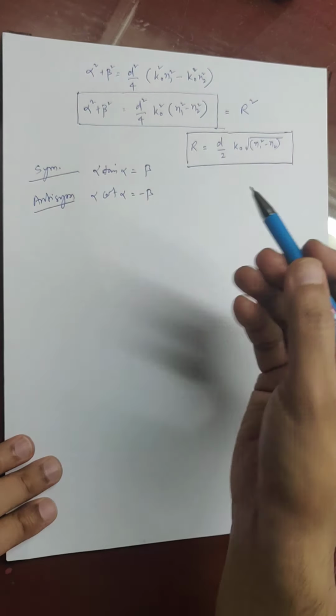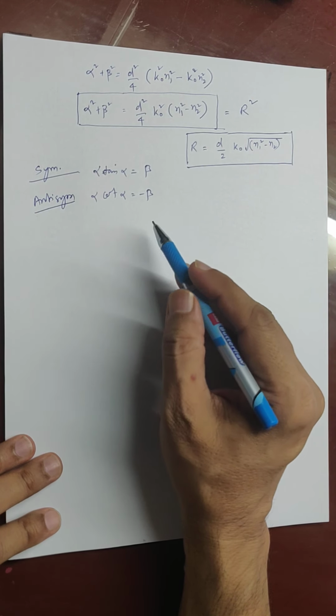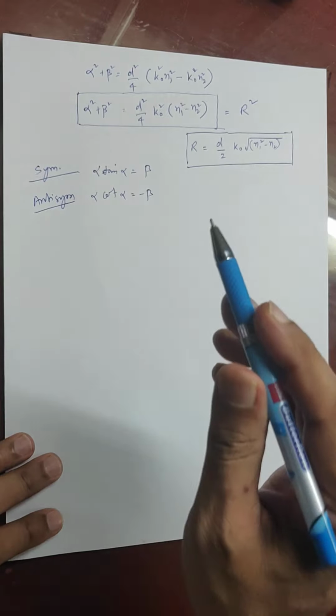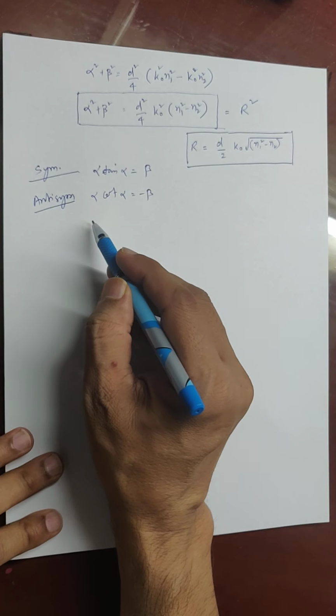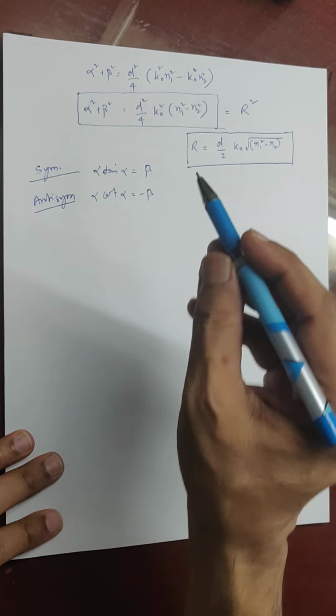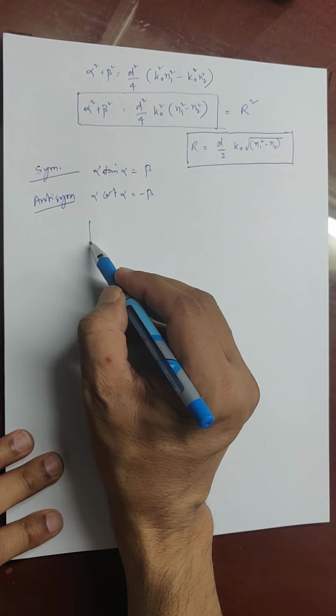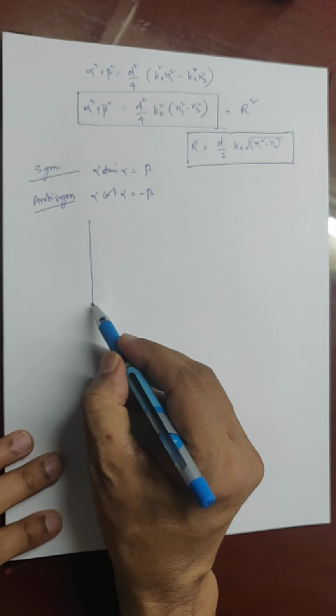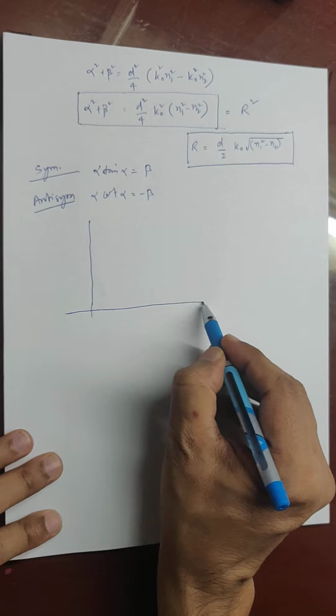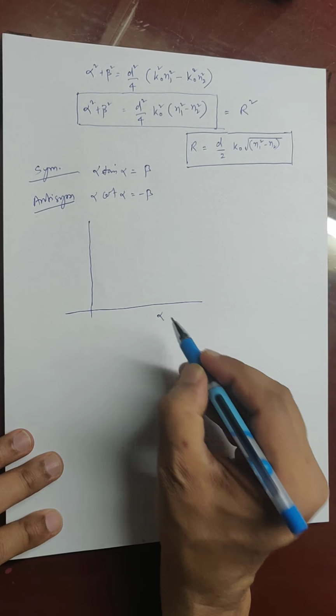So how to get these solutions? We get the solution graphically. What we do is we plot alpha on this side, and beta on this side.